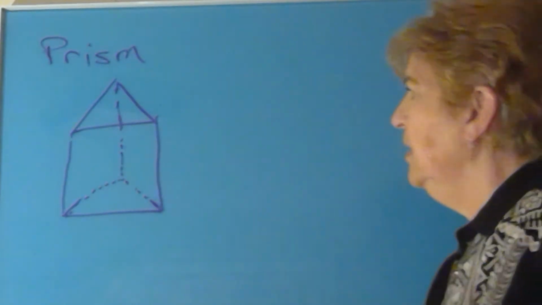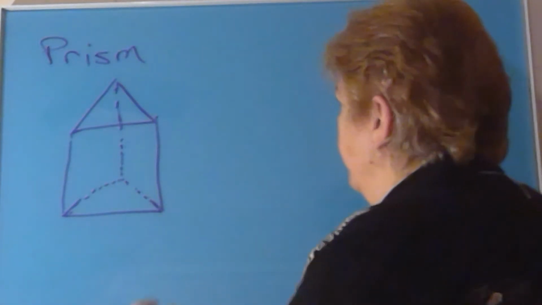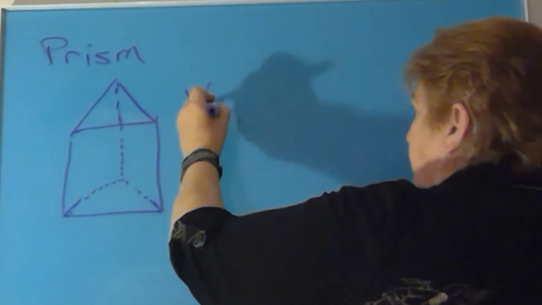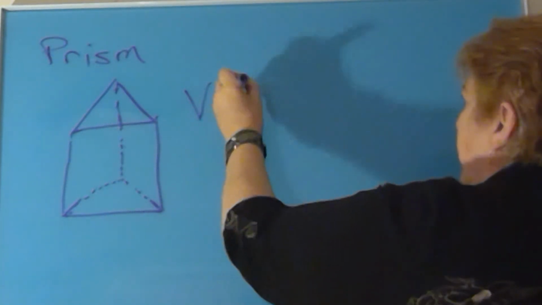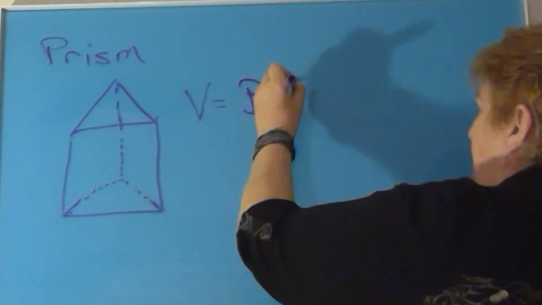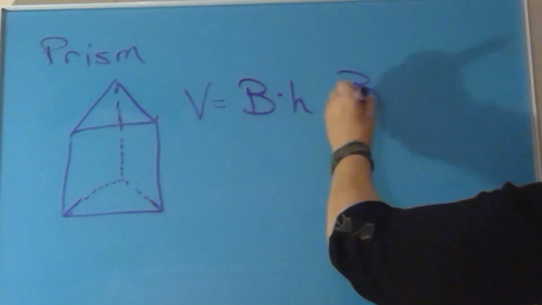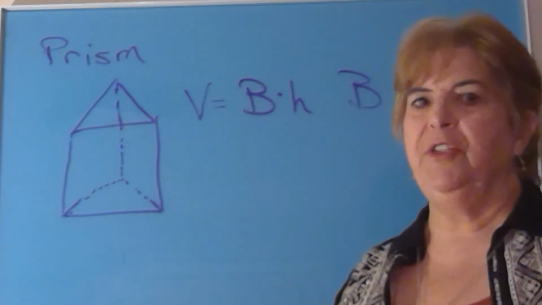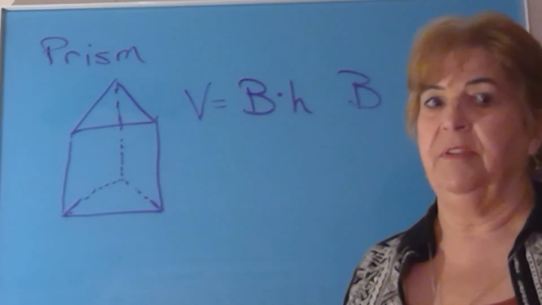To find the volume of a prism, it's usually given as B times H. The capital B, and this is important. Some of you interchange your capital B's and your lowercase b's, this makes a difference.